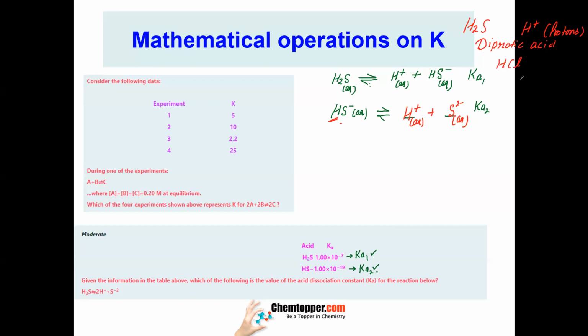What kind of acid is this? Monoprotic. We just write the spelling. And then we have H3PO4. H3PO4 is a triprotic acid.